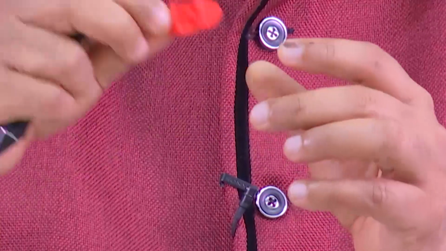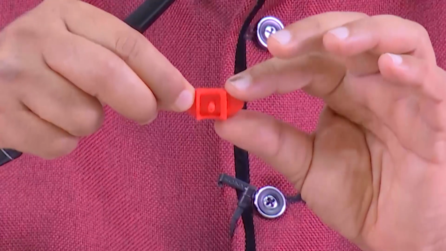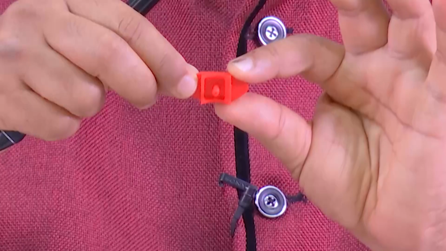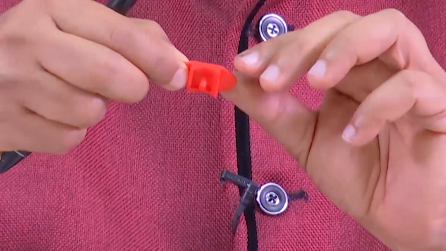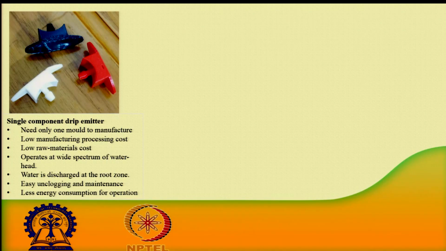This is just one component, which we designed in SolidWorks software, and with the help of a 3D printer this single component dripper has been developed. After we make this product, we go for mass multiplication by making the mold.